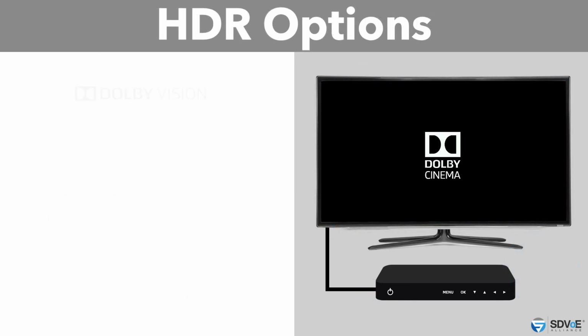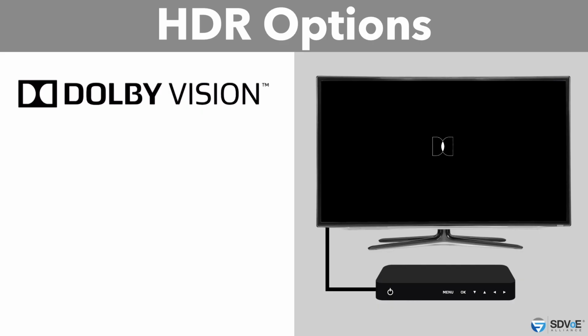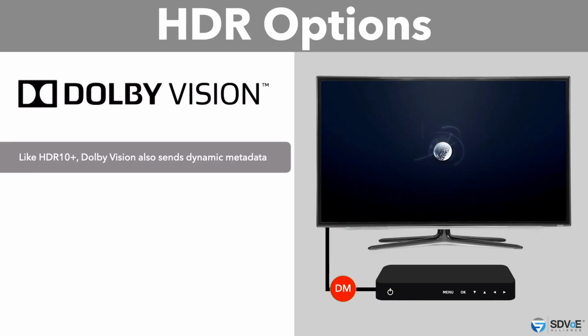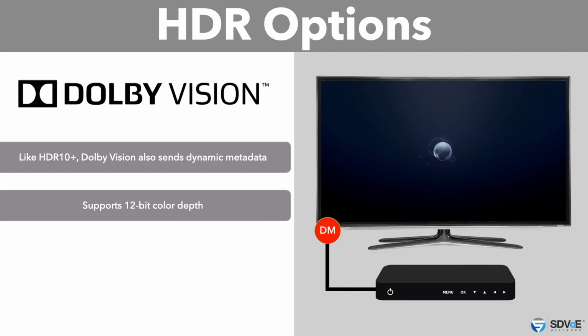Finally, Dolby Vision is a proprietary HDR standard introduced by Dolby Laboratories. Like HDR10 Plus, Dolby Vision also sends dynamic metadata to the TV and further supports 12-bit color depth, which is 4096 shades of each primary color.